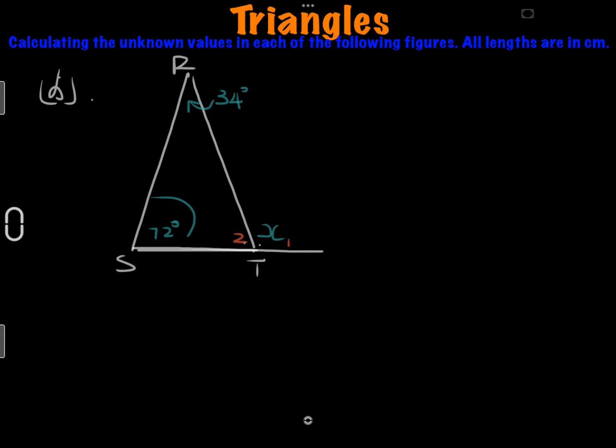Now in this case, we know that the exterior angle, in other words x, is equal to the sum of the opposite interior angles. So x is equal to angle R plus angle S. Let's sum up these two angles: 72 degrees plus 34 degrees gives us 106 degrees.